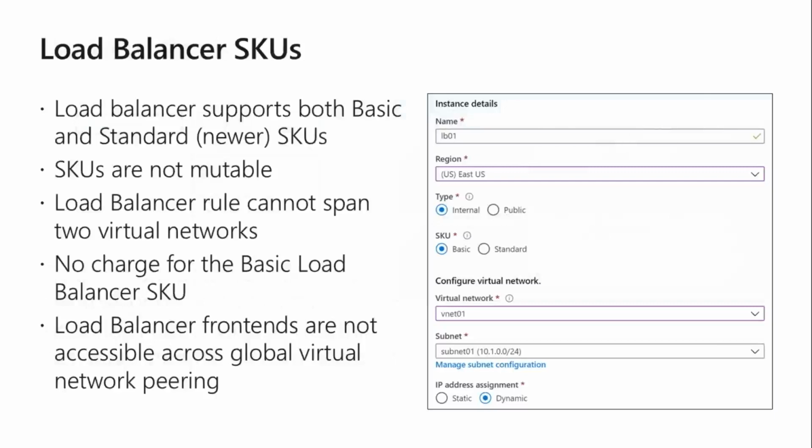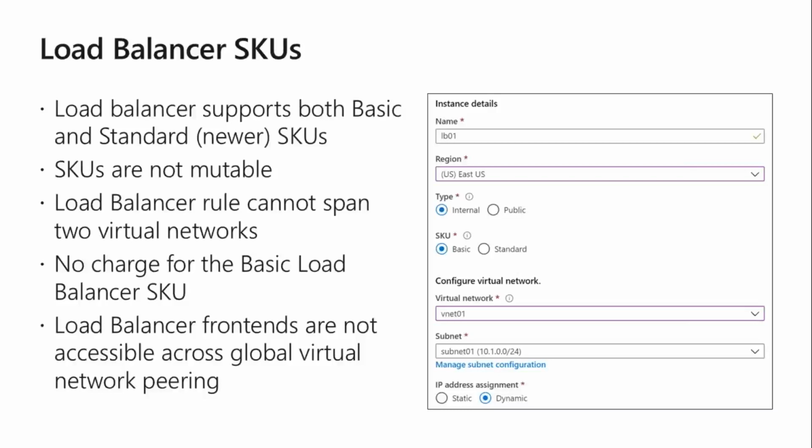The load balancer front ends are not accessible across global virtual network peering. Global virtual network peering is nothing but peering between VNets across multiple locations or regions. So what does that mean?